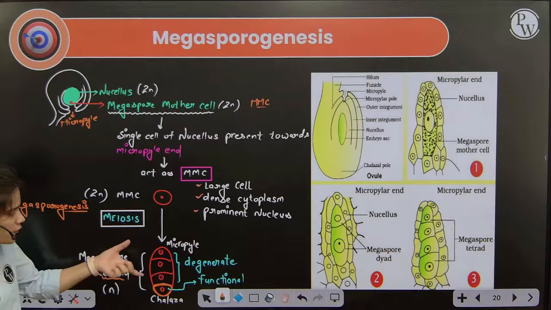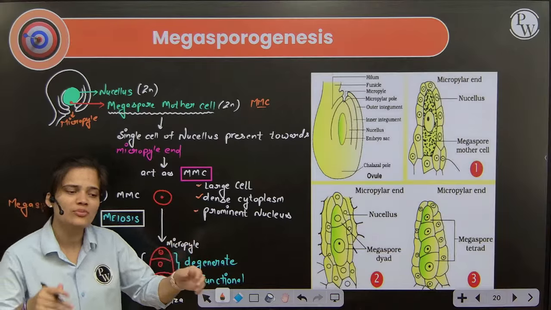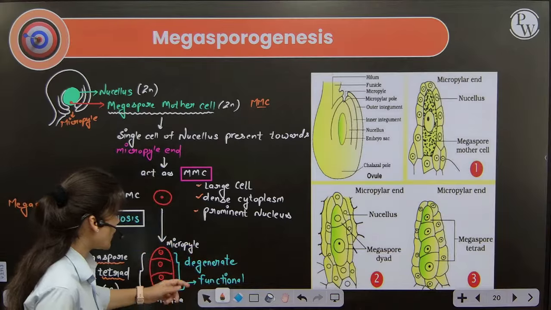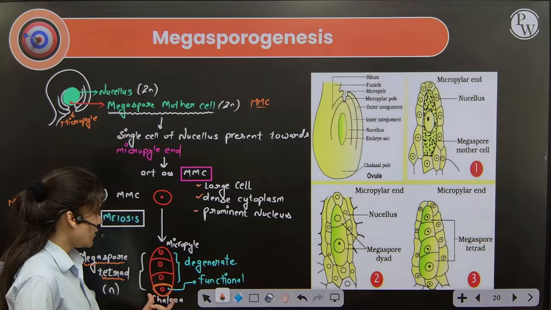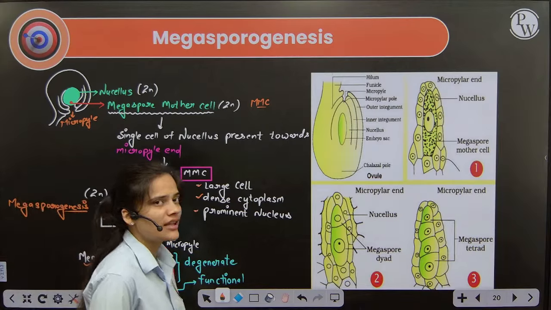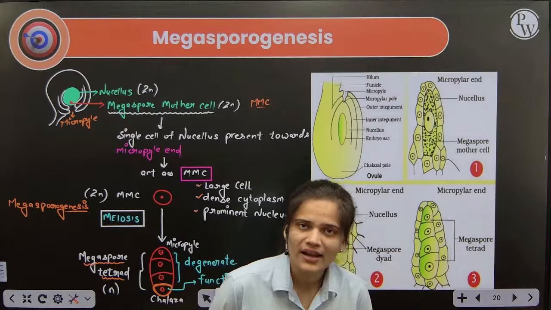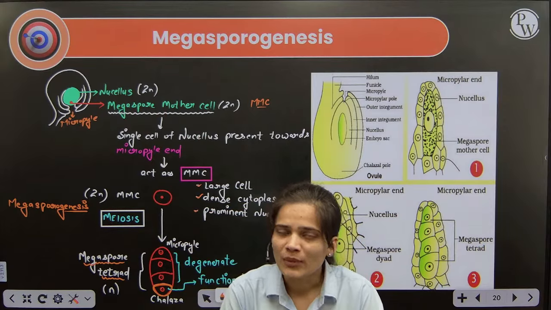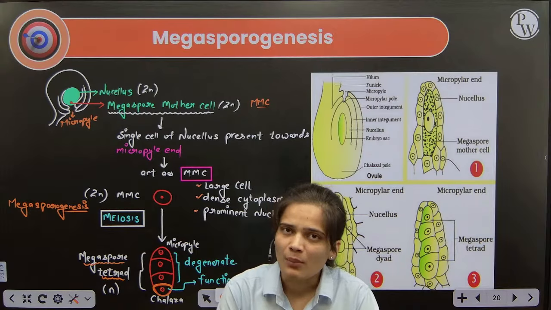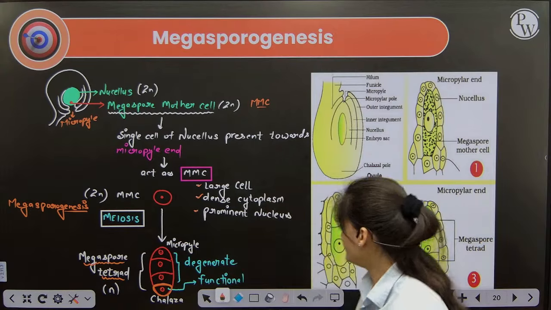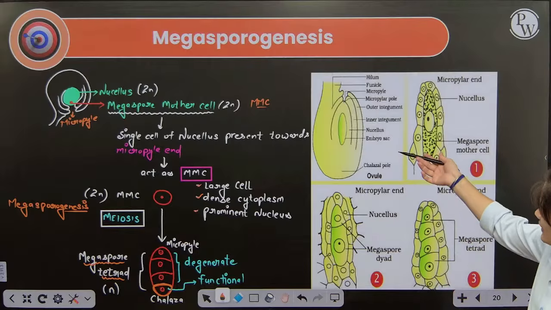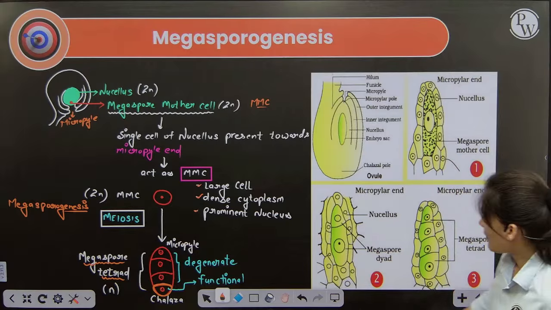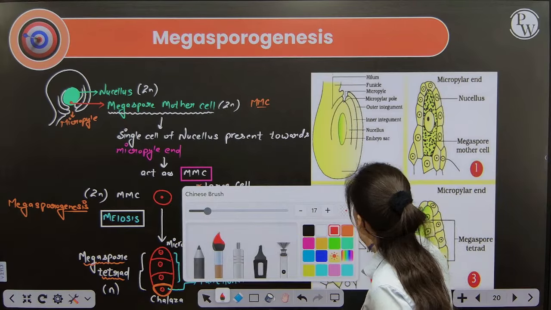In megasporogenesis, out of four megaspores, three megaspores present towards the micropyle degenerate, and only one megaspore, present towards the chalazal end, is functional. That one functional megaspore now develops into the female gametophyte, that is the embryo sac. This diagram is about an anatropous ovule.